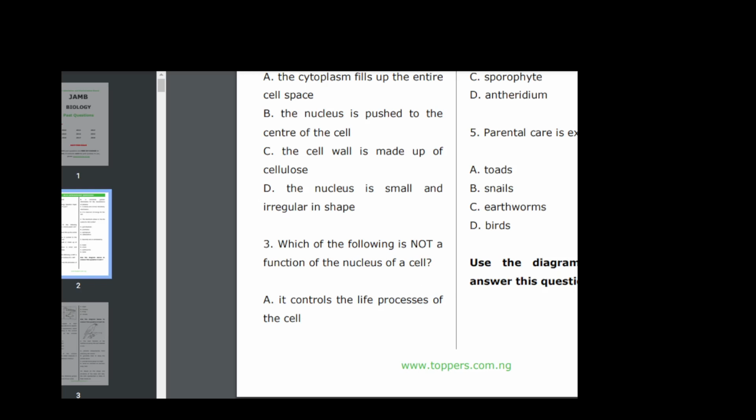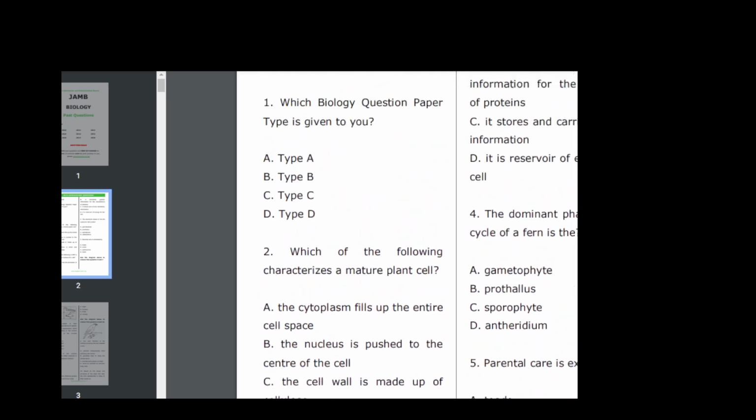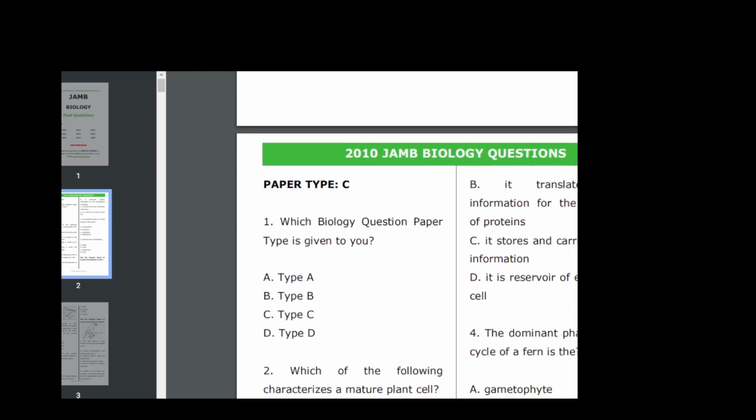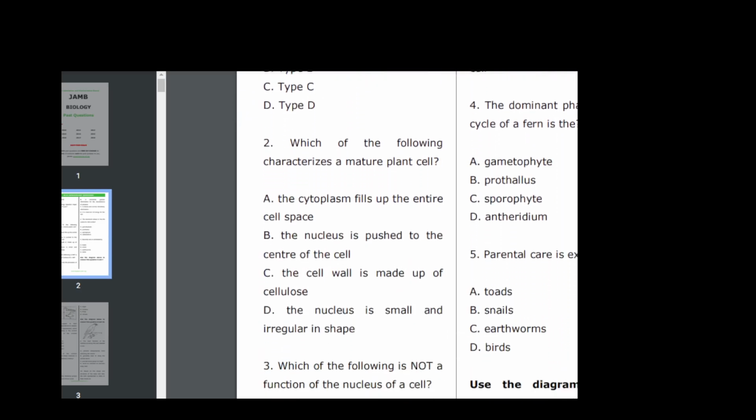If you recollect, while we were trying to explain what cells are, I said that a cell is a structural, functional, basic unit of life, and I made it clear that it is very important that every cell has its nucleus, because it is the nucleus in the cell that dictates what the cell will be. Are we together? It is in the nucleus that we have the genetic makeup of the cell.